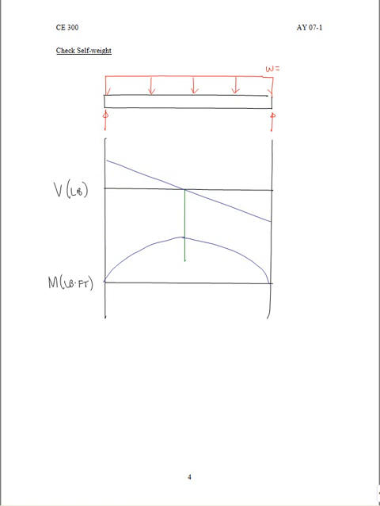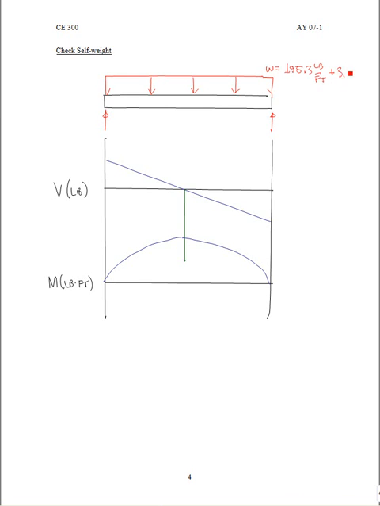Before we proceed with our design, checking it for shear and deflections, we need to double check the self-weight and make sure that this beam can hold not only the load of 195.3 pounds per foot, but also its own self-weight.